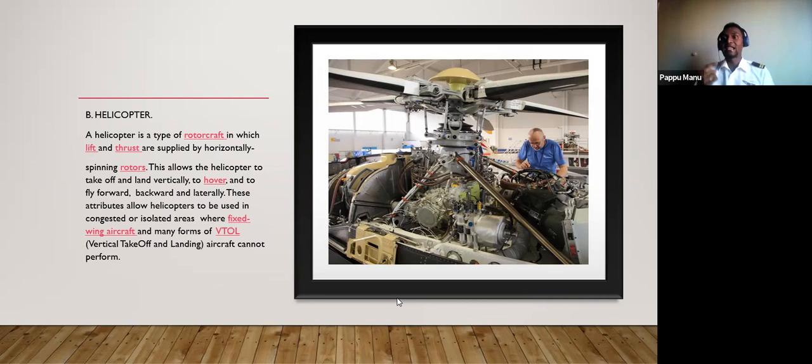This is done by spinning rotors. They are called rotors, not propellers, because they are a rotor type of aircraft. So a helicopter has rotors, even though if you cut the rotors down to a nice size, they can become your propellers.